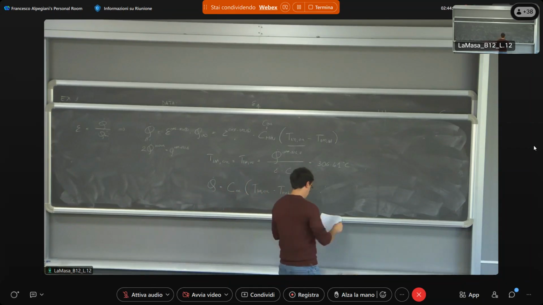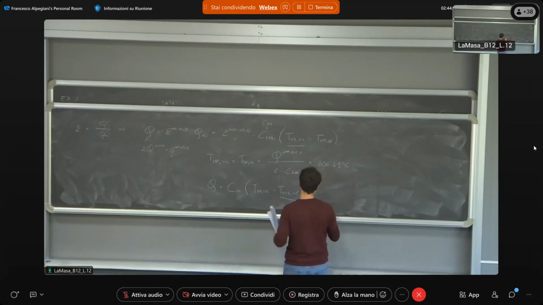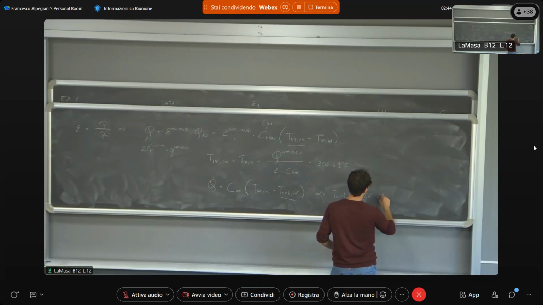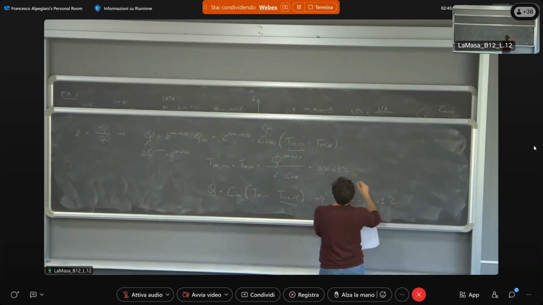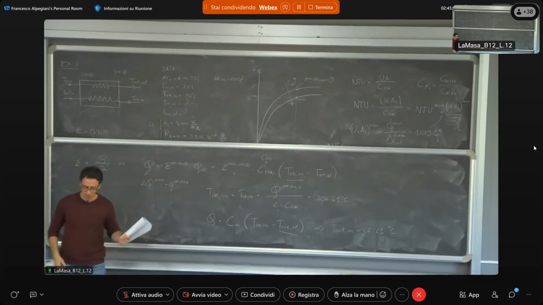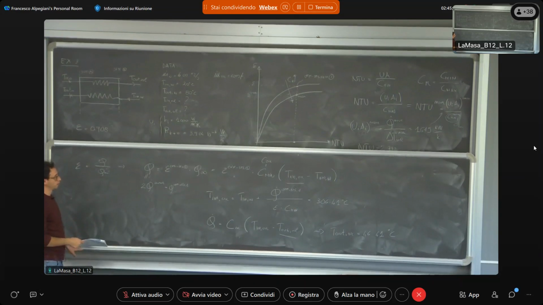The only unknown in this case is the temperature of the oil at the outlet, and so we can derive this value, which comes equal to 46.41 degrees Celsius.